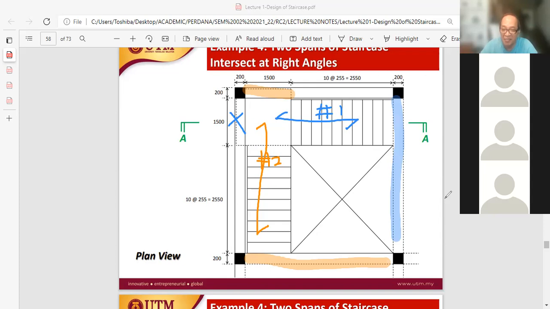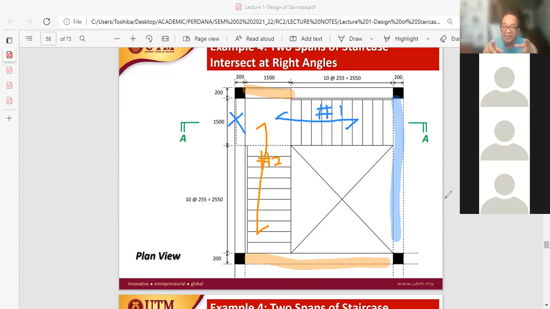What if you change the concrete grade from 25 ke 30? What would be the implication? Katalah looking at just one component. Tak payahlah tengok semua. Looking at foundation sahaja. What would happen if you have finished design semua? Grade 25 katakan, what if now tukar kepada grade 30 ataupun 35?